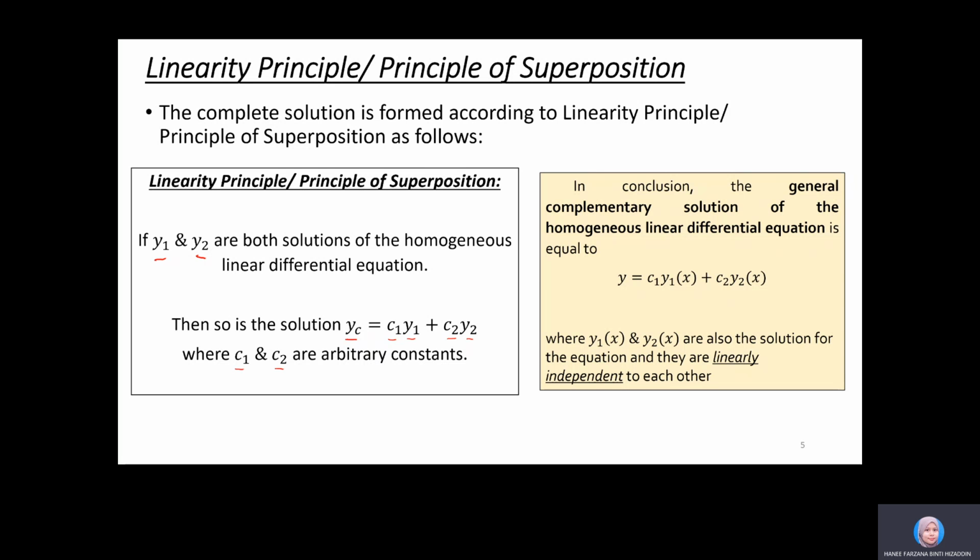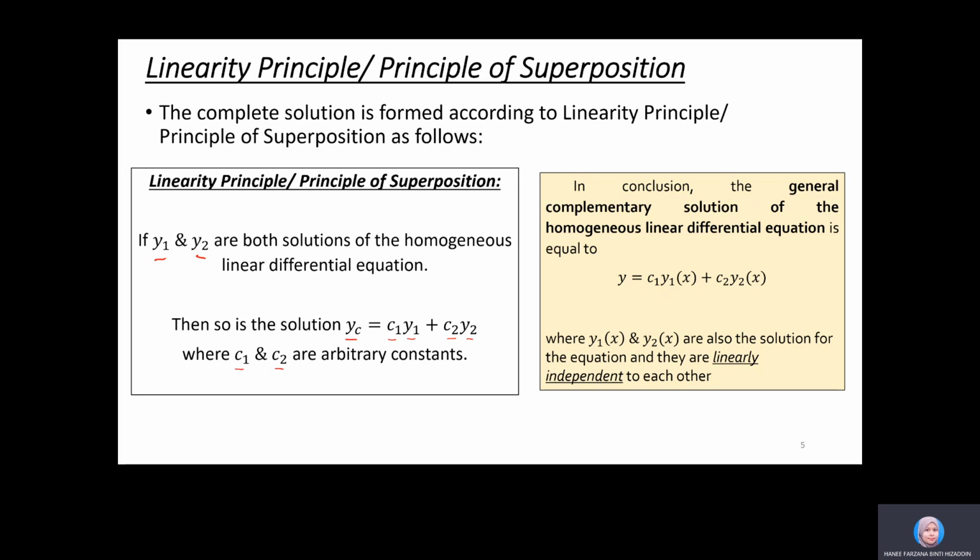So in conclusion, the general complementary solution of the homogeneous linear differential equation is y equals c1y1 plus c2y2. So y in this case is a function of x, where y1 and y2 are also solutions for the equation, and they have to be linearly independent of each other.